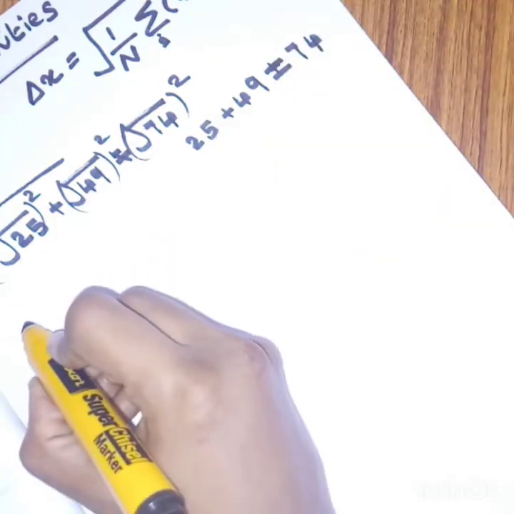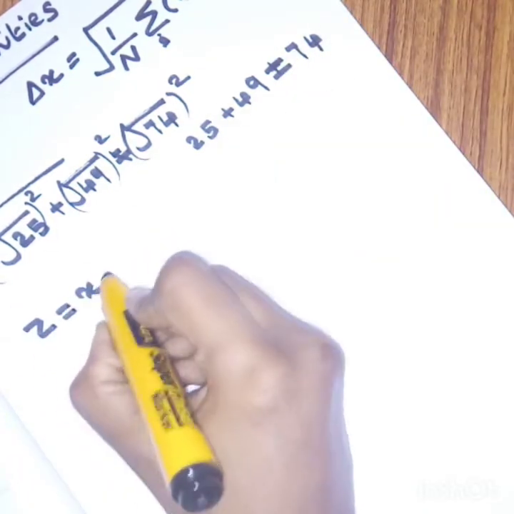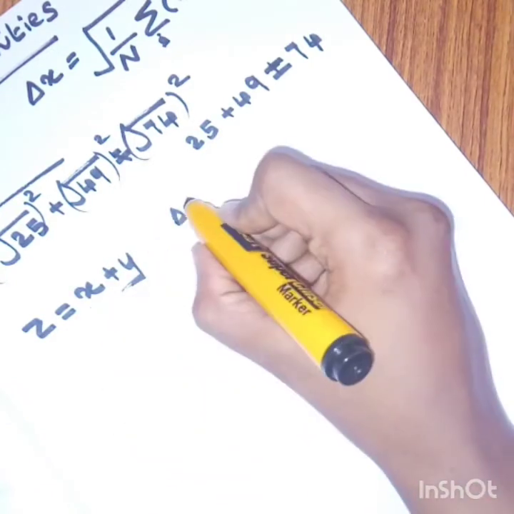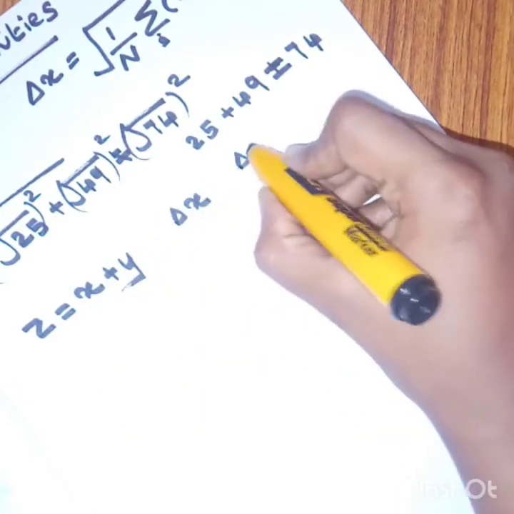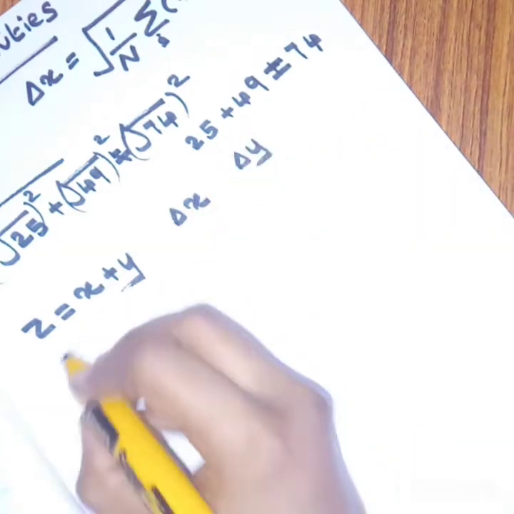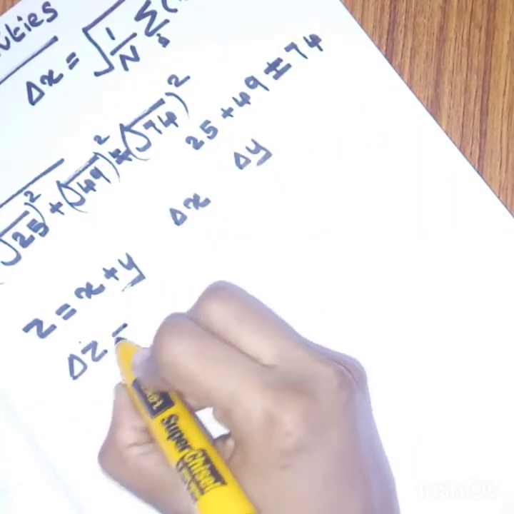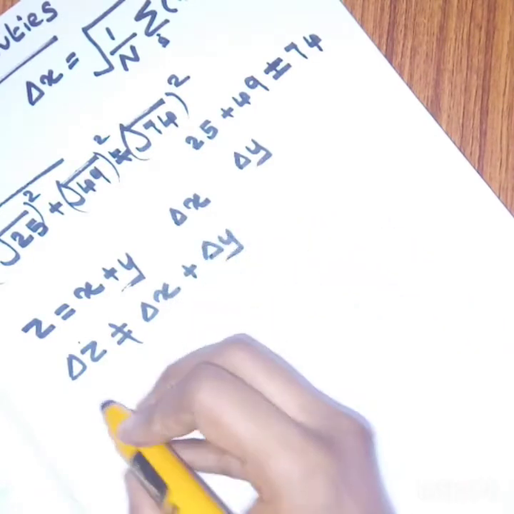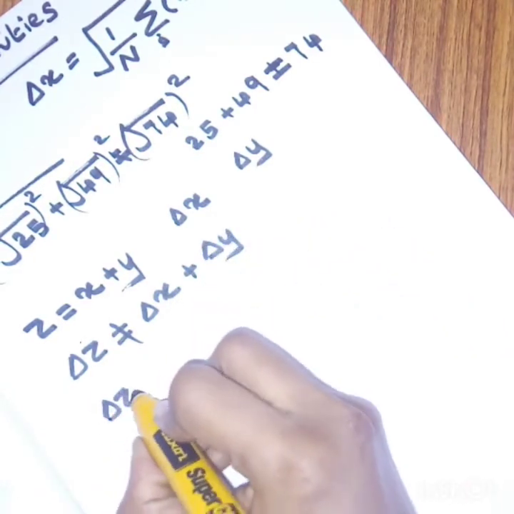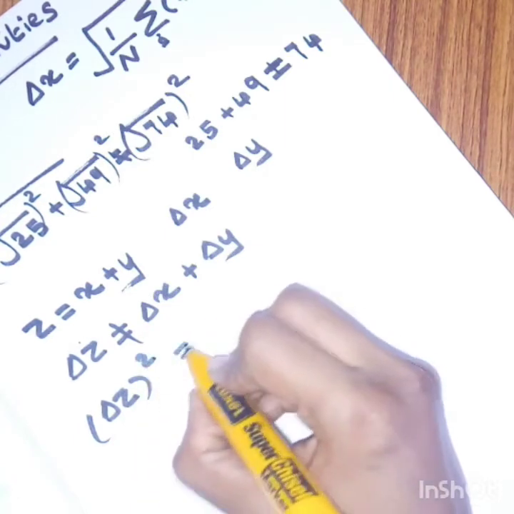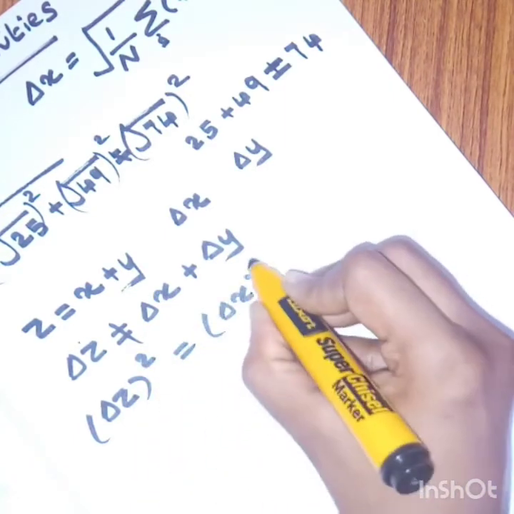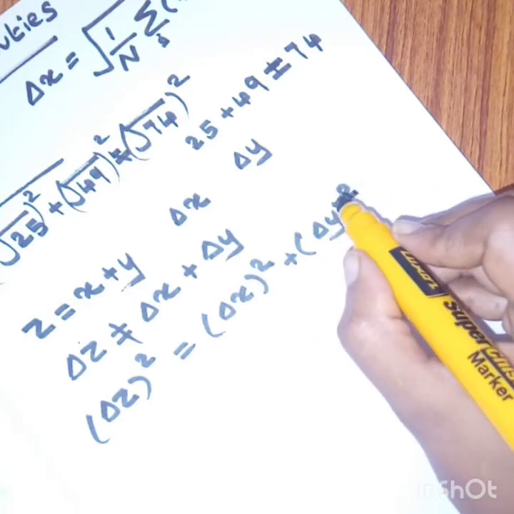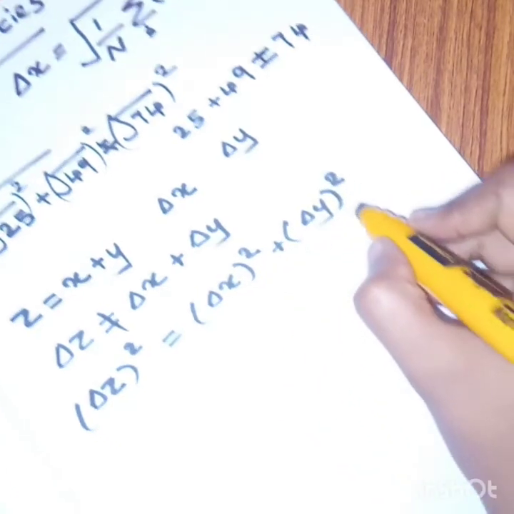Let z is equal to x plus y, then delta x is the uncertainty in x and delta y is the uncertainty in y. Then delta z is not equal to delta x plus delta y, but delta z all square equal to delta x all square plus delta y all square. This is known as variance.